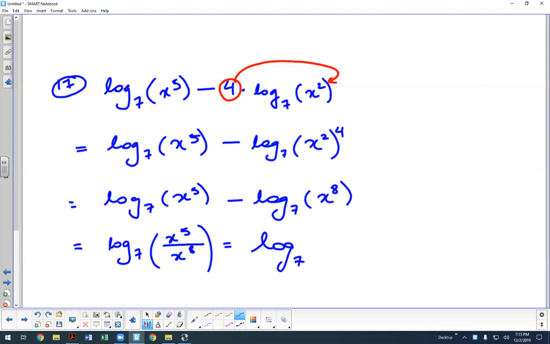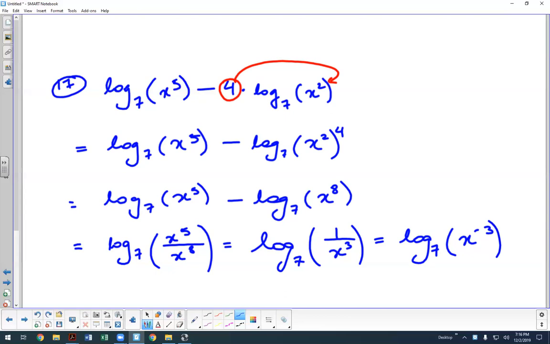Okay, which will clean up into x to the negative... so it should be either 1 over x to the 3rd, right? Since our larger number is in the denominator. And again, MyMathLab kind of has its own little quirk, so you will actually need to see how they want you to write the answer. If they're okay, you can leave it as x to the power of -3 with base 7.